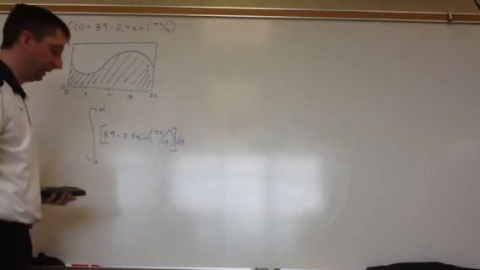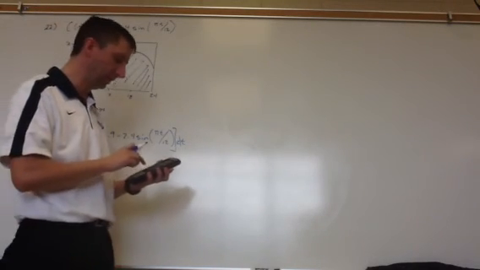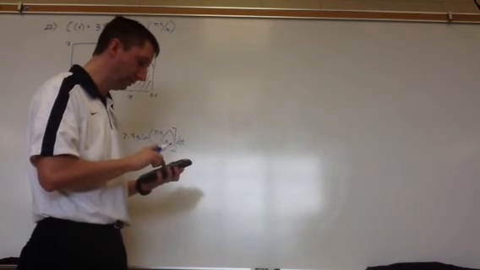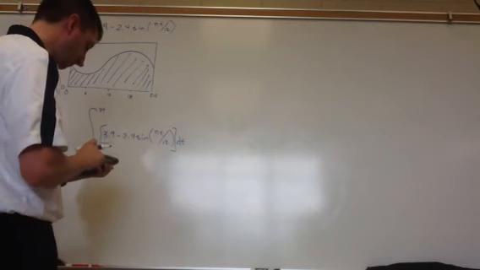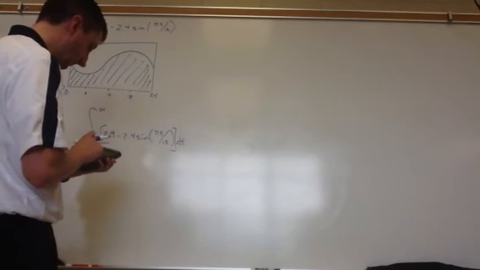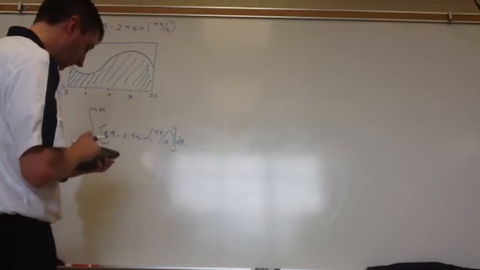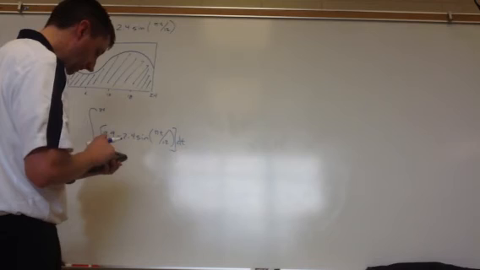And I'm feeling kind of lazy today. So I think what I'm going to do is just go ahead and hit math, go down to fnInt. I'm going to put in 3.9 minus 2.4 sine of x, I'm going to use parentheses just to be careful, of x pi divided by 12.